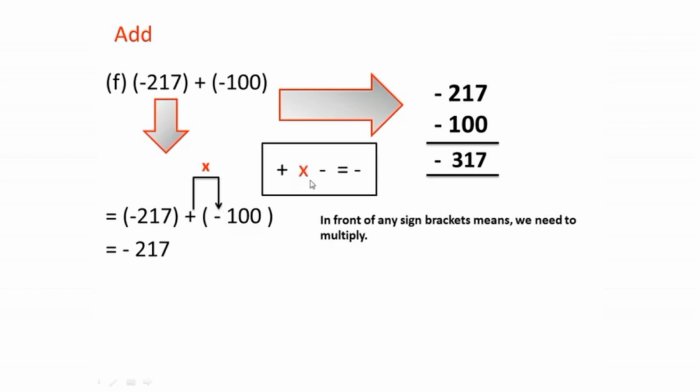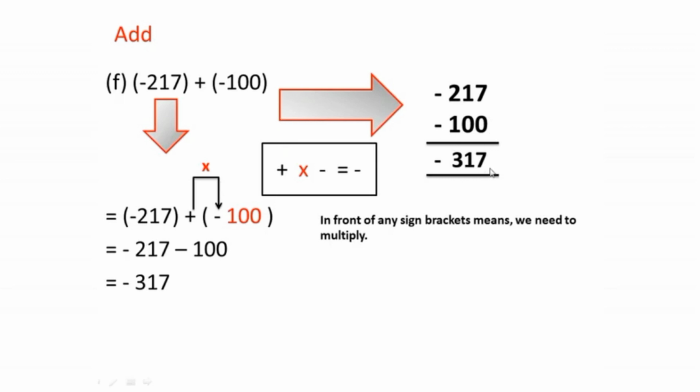The sign has to be multiplied first. What happens? It is getting multiplied here. Plus into minus, and the result is minus. Look at here. The minus carries here. Now minus 217, plus into minus is minus, and the remaining digit is 100. So here it comes: minus 217 minus 100, and the result is minus 317.